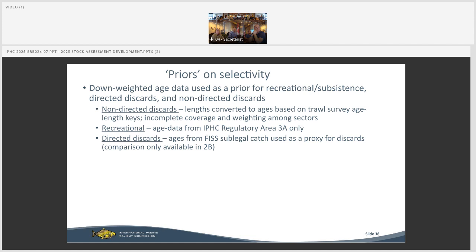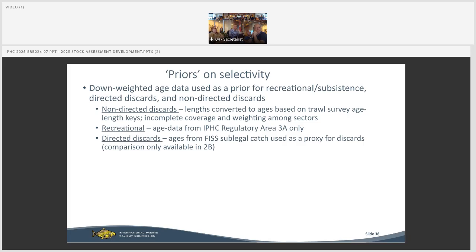Okay, so I already mentioned this a little bit earlier, but the priors on selectivity for these sources are basically where we don't trust the data, aren't completely representative of everything we want, or they're a proxy. We put them in to get selectivity, but we downweight them essentially as much as we can and still be able to estimate selectivity.